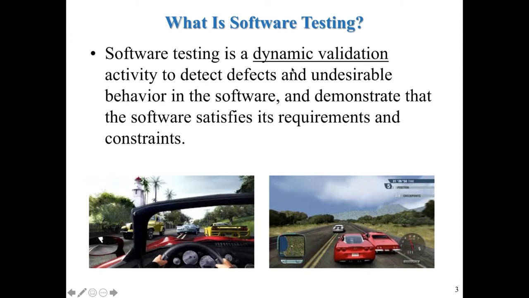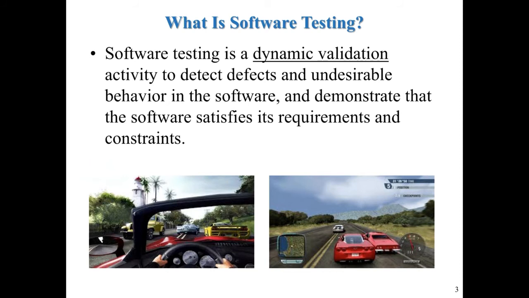That means you run the software, just like when you have been taught how to drive, and now you will give a driving test. In your driving test, either you sit in the car and drive on the road, or you do it through a simulator. That is your dynamic validation.